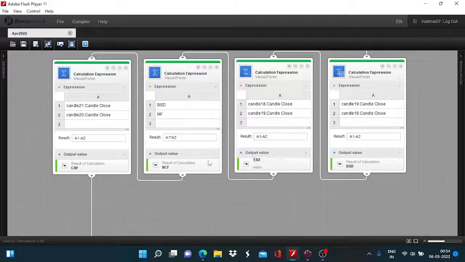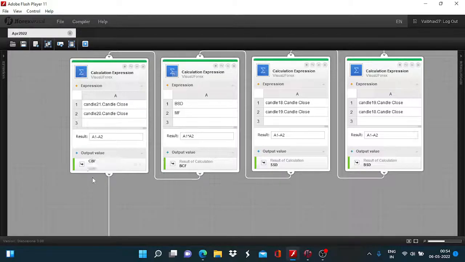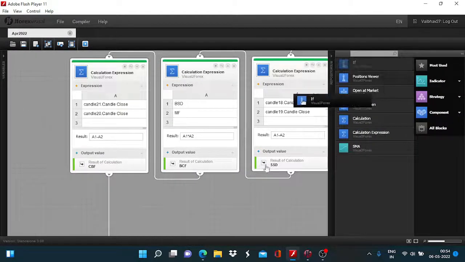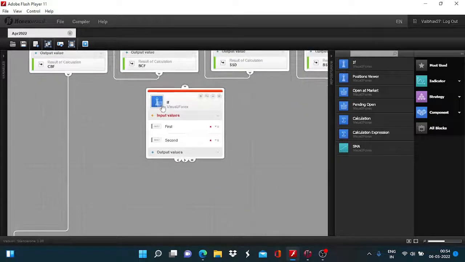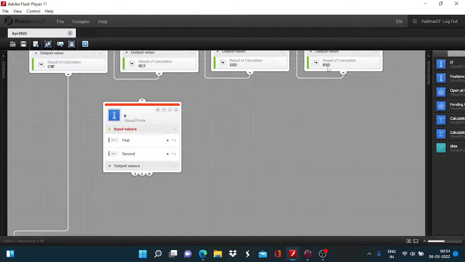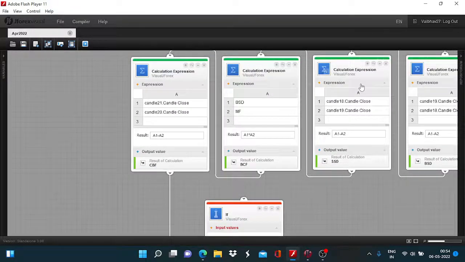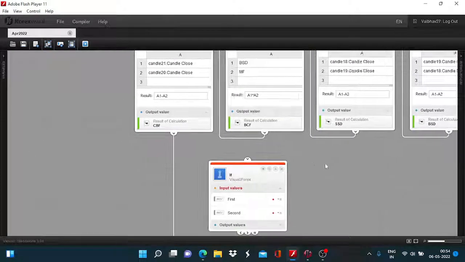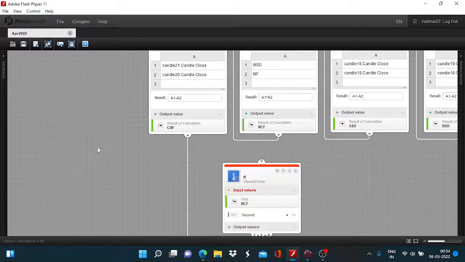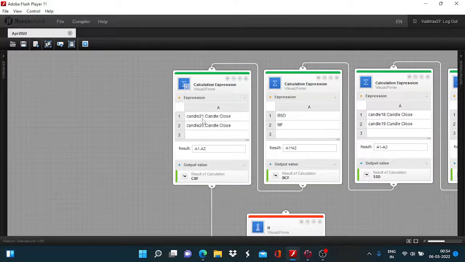I had carried out this calculation last time around, so we simply have to compare these values, and that's all we need. So I will take this if block and we compare 8 times the difference between candle 18 candle close and candle 19 candle close, that is BCF, with the difference of candle 21 candle close and candle 20 candle close.